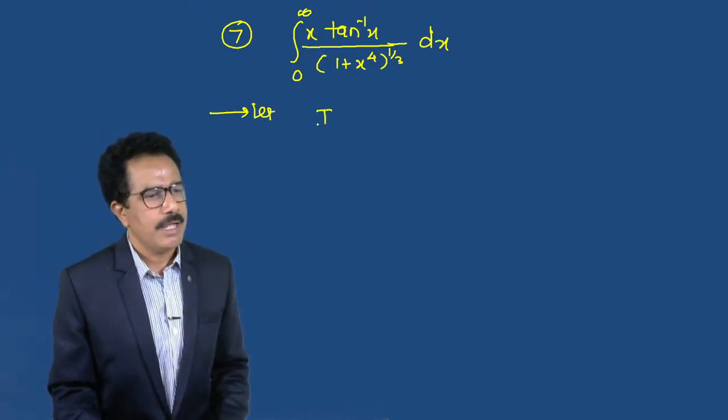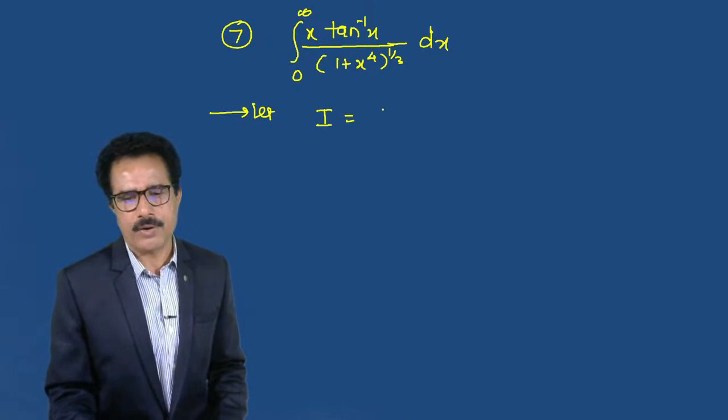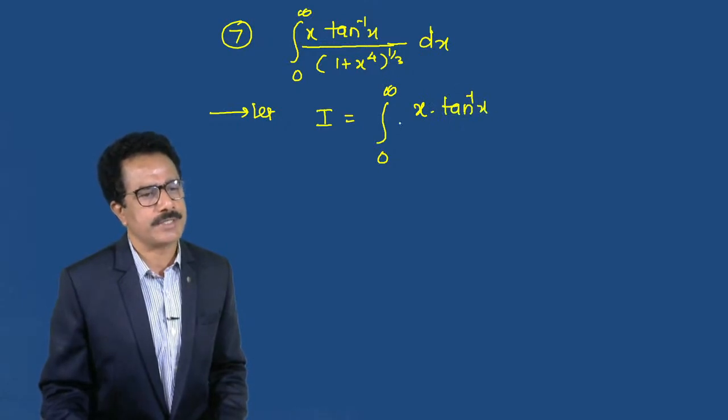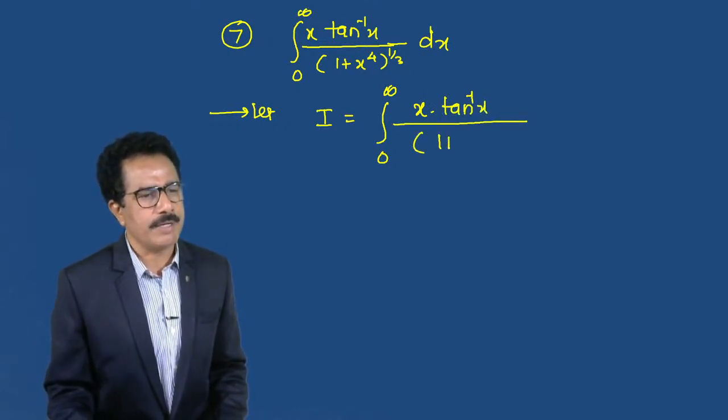Let I be equal to integral from 0 to infinity of x into tan inverse of x divided by (1 plus x raised to 4) bracket raised to 1 by 3.